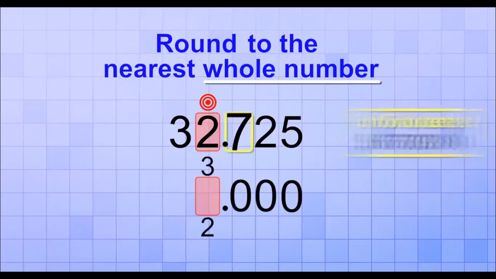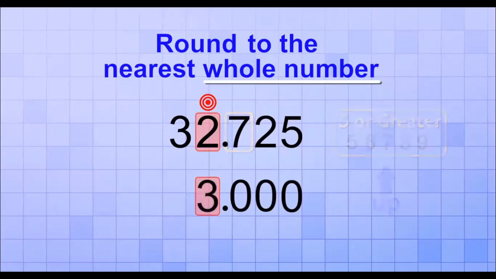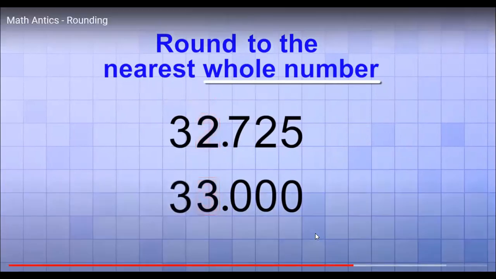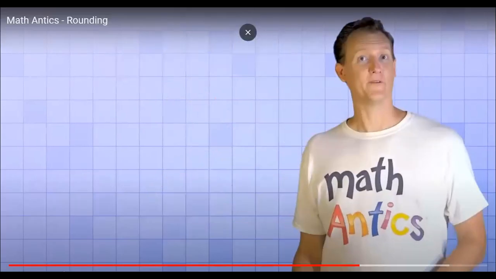Since that digit is a 7, we'll round up this time. That means we'll increase our target digit by 1. And finally, we keep any digits to the left of the target digit the same. In this case, that's just the 3. So we've rounded this number off to 33.000, or just 33 since we don't really need those extra zeros after the decimal point. Ready for one more?